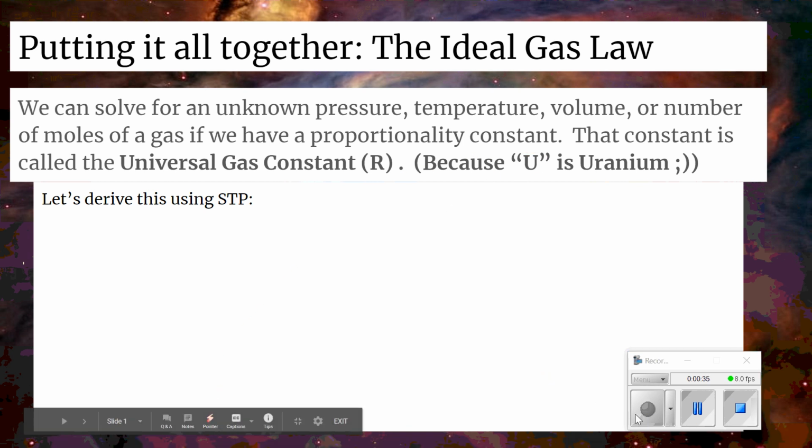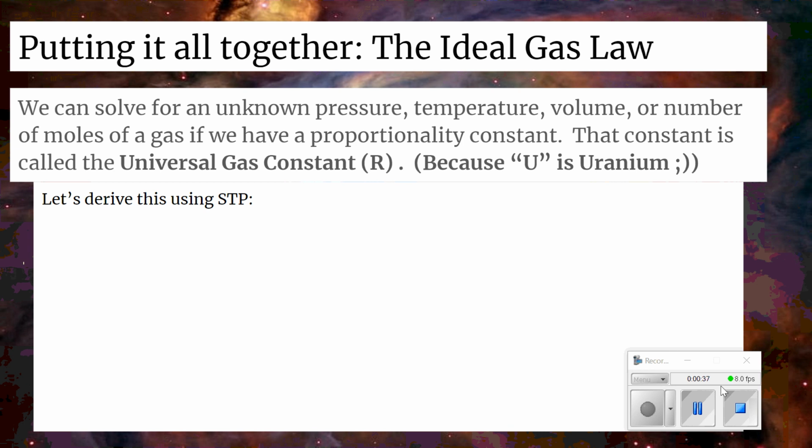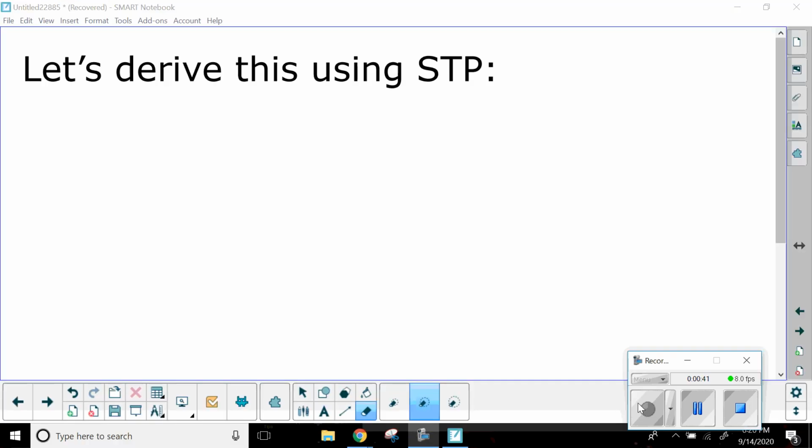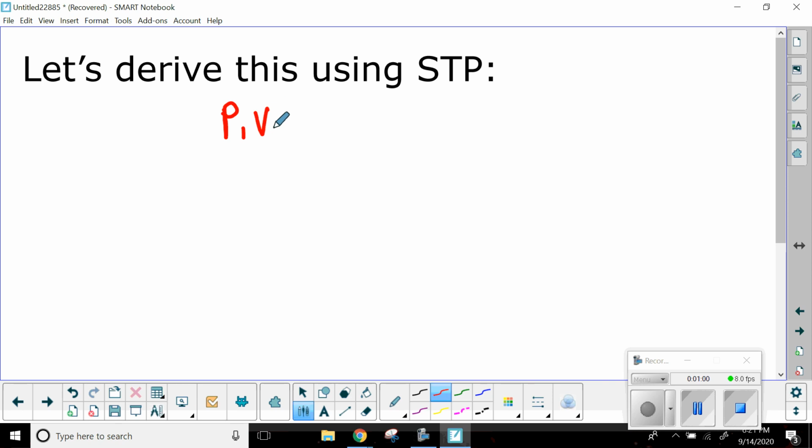Ta-da, done. So I'm going to flip screens for a moment, and I'm going to derive R for you. Let's get a value for R when the pressure is in kPa. IB only uses the R value when pressure is in kPa. So I'm going to take half of the combined gas law, that's P1 V1 over T1.